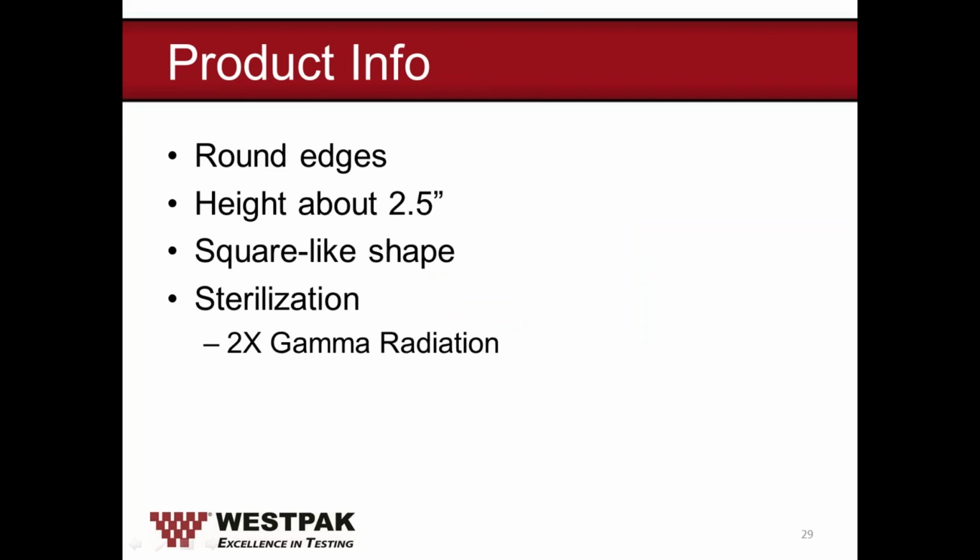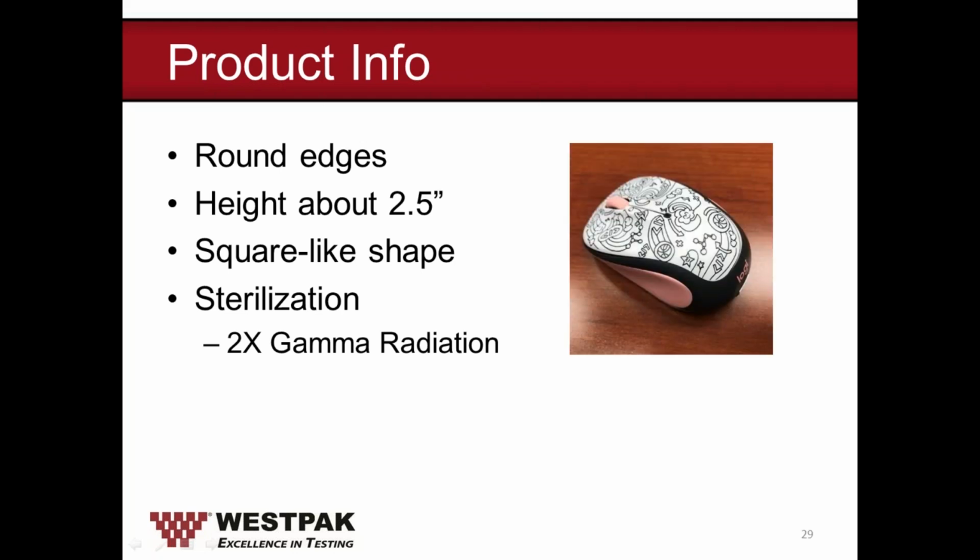Case study number 2 is actually the same customer as case study number 1. I cannot display his product here for confidentiality reasons, but I can briefly describe it. It had round edges. The height of the product was around 2.5 inches. It's a square-like shape, and he sterilized his product with 2x gamma radiation.